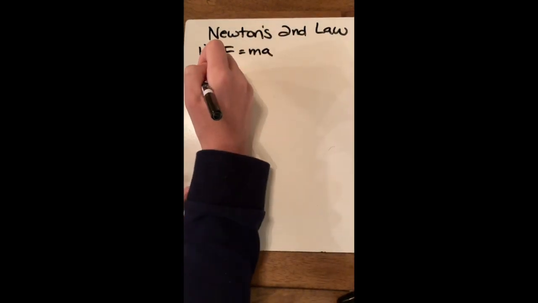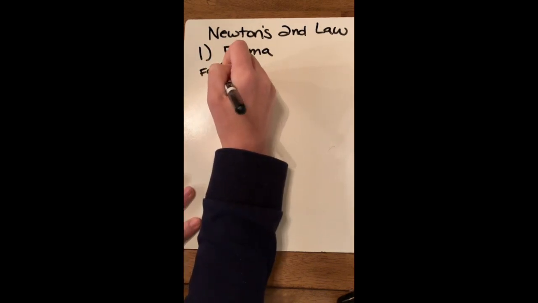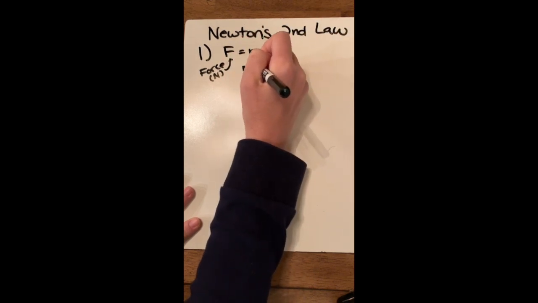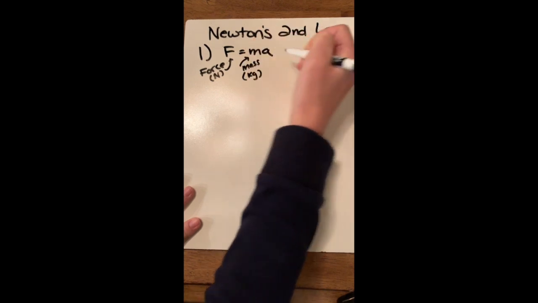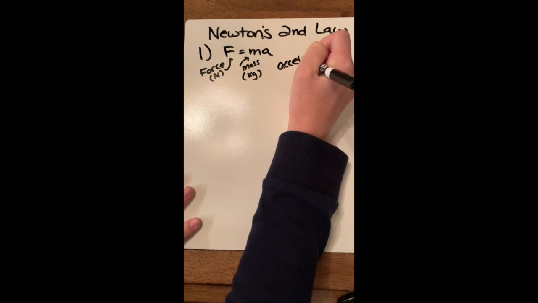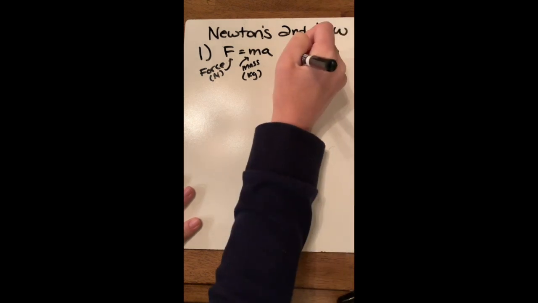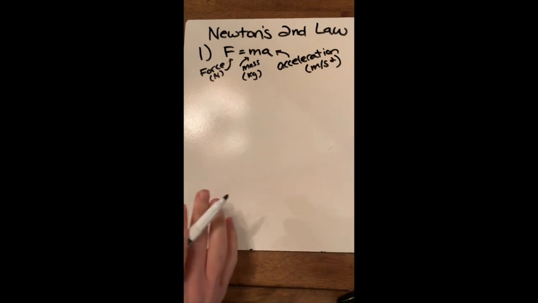And just as a reminder, F is the force in newtons, M is the mass in kilograms, and A is acceleration in meters per second squared. Okay, so that is not new to us.